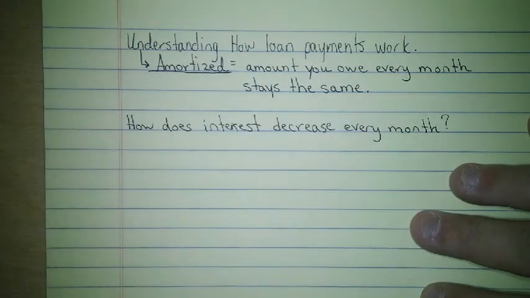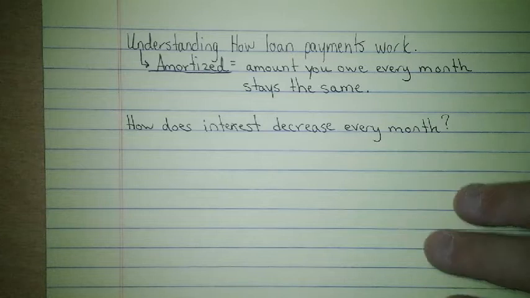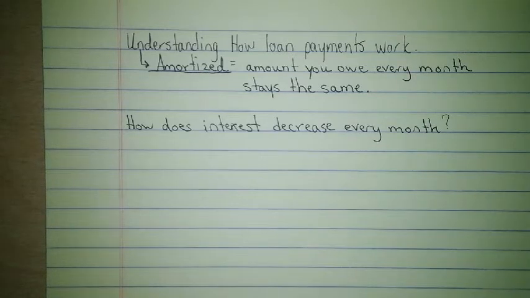Now, believe it or not, every month that you make a payment, okay, every single month that you make a payment, you are going to be paying less interest. And he told you on the video why you would be paying less interest. Does anybody know why? What's happening to your principal? You owe less. Your principal is going up or down? Down. It's going down, so the interest you have to pay would be going down.